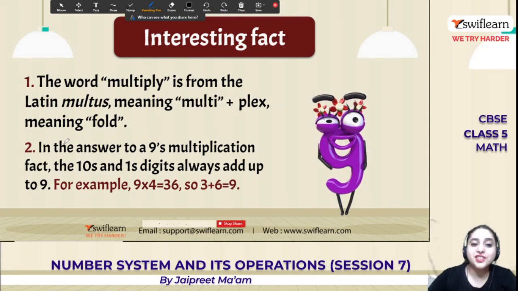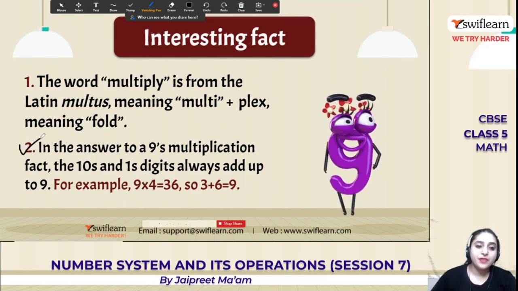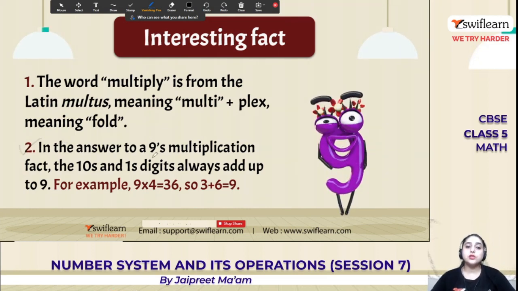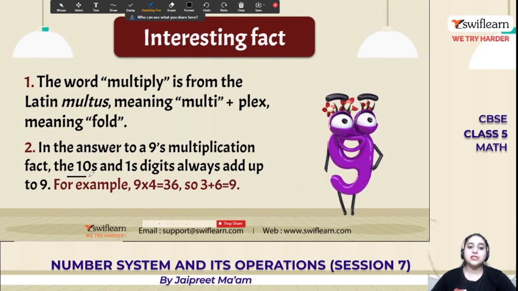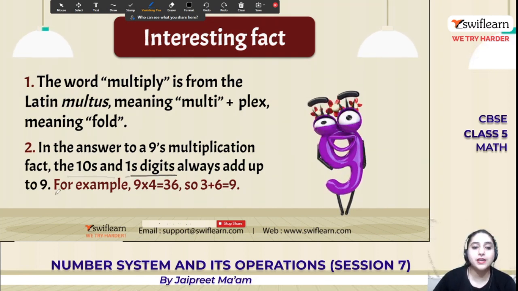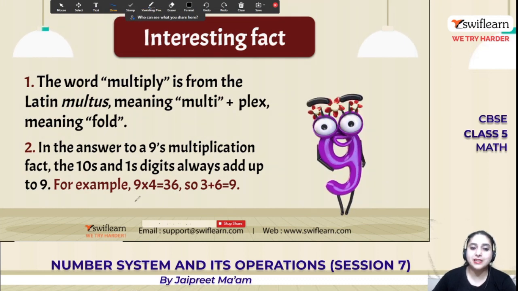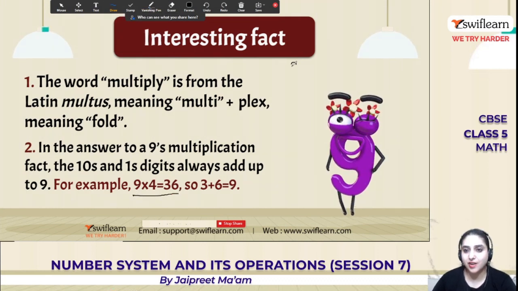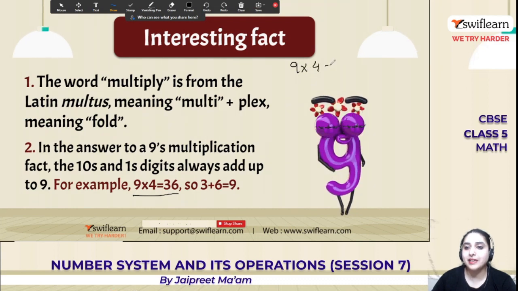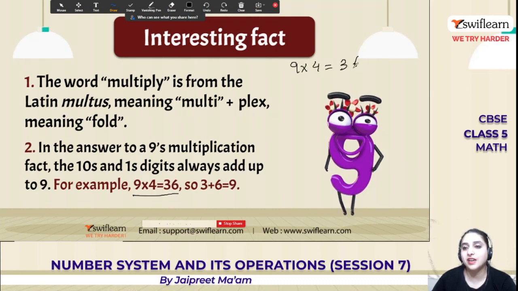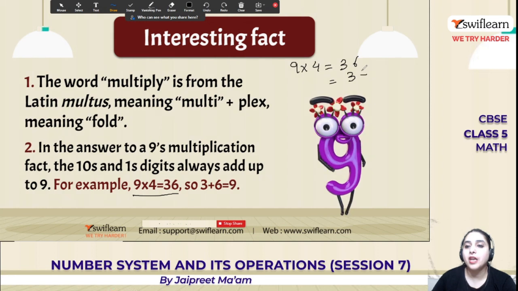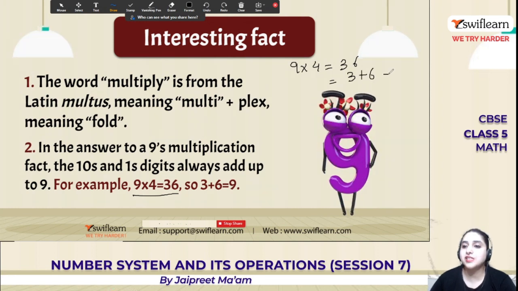Another interesting fact is that in the answer to a 9 multiplication, the tens and ones digits always add up to 9. For example, 9 times 4 is 36, right? If we add 3 plus 6, we do the digit sum, the answer is 9.